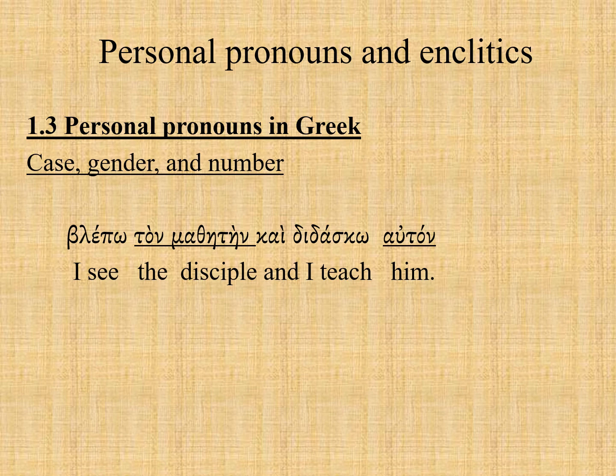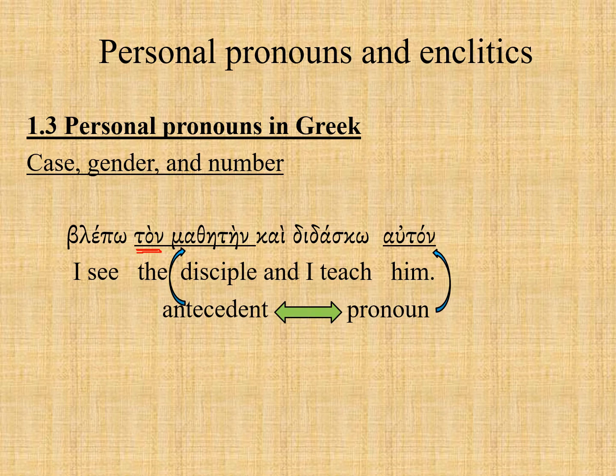So now you can see the underlined words here, which indicate to us that the antecedent is masculine, accusative, singular, obviously the direct object of the verb blepo, and therefore the pronoun that it is connected to is also masculine, singular, and because it's the direct object of the verb didasko, it is also in the accusative case.